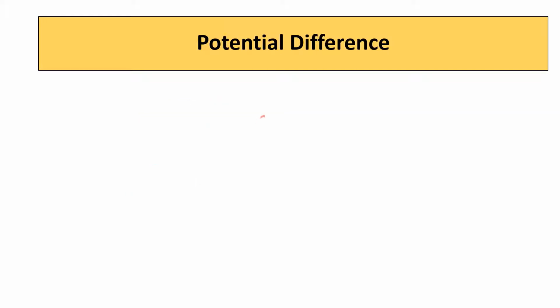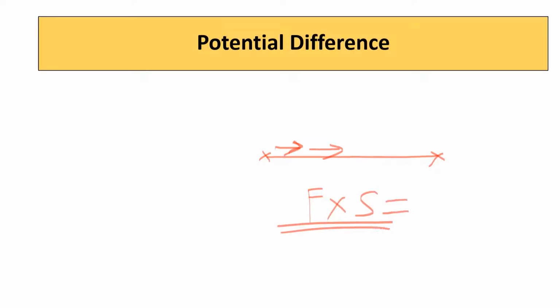If the charge Q should move from this point to this point, this charge Q must be pushed, and this force produces a displacement. We all know that force into displacement will give you the work done.